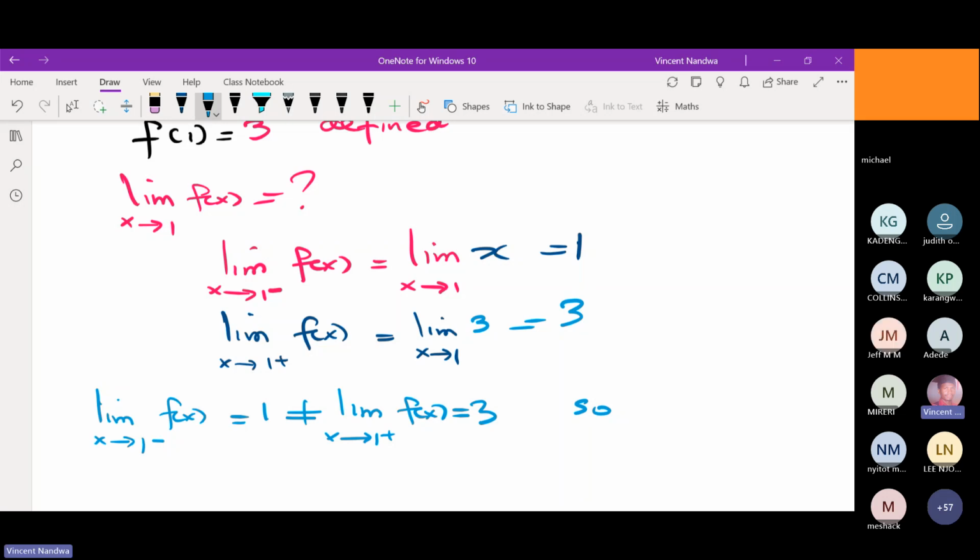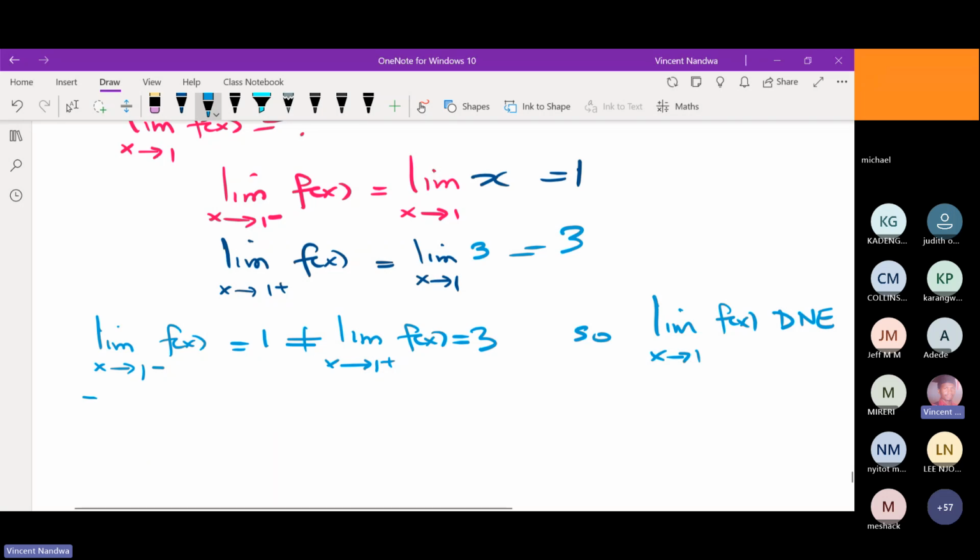When two one-sided limits exist, but they have different values, what is the conclusion? Does not exist. So the limit as x approaches 1 of f of x does not exist.